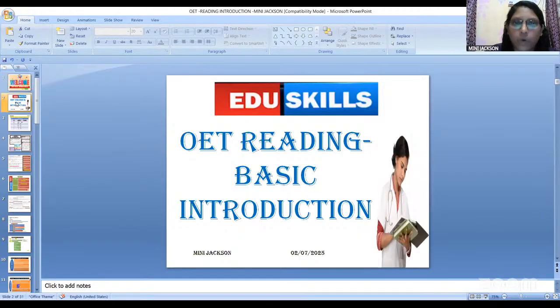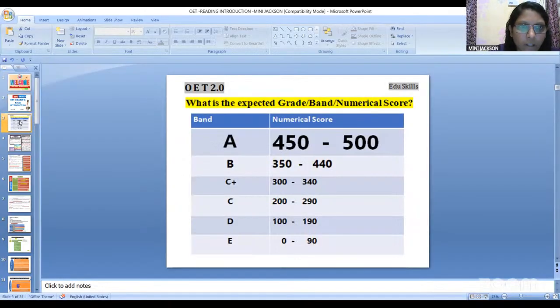So today we are going to discuss the OET reading basic introduction. Before moving to the reading part, we need to know the score for the OET and our expected score. According to Father's strategy, the EduSkills strategy, we need to focus only on the A grade, that is the numerical score of 450 to 500.